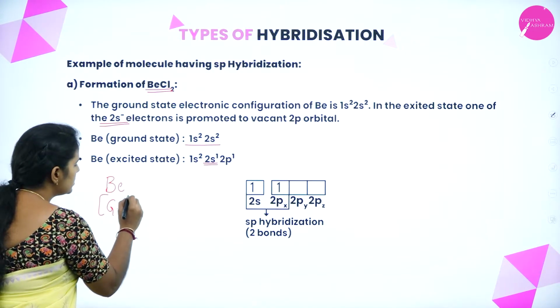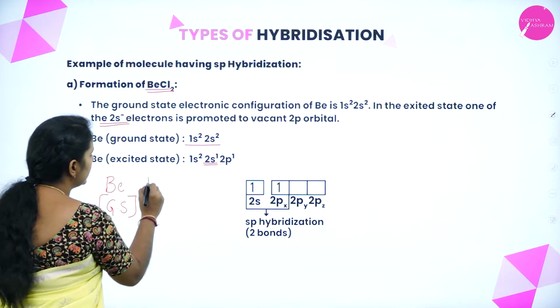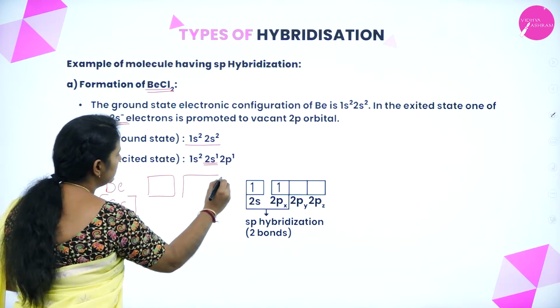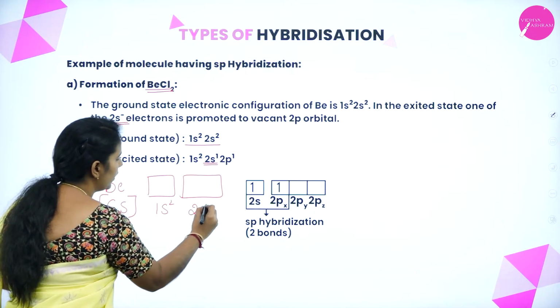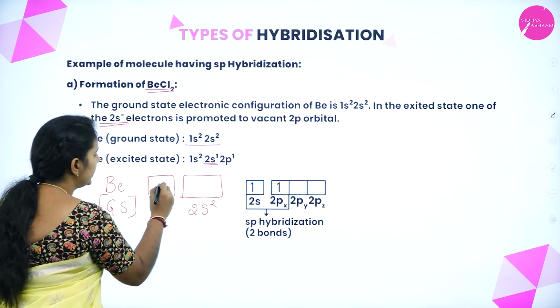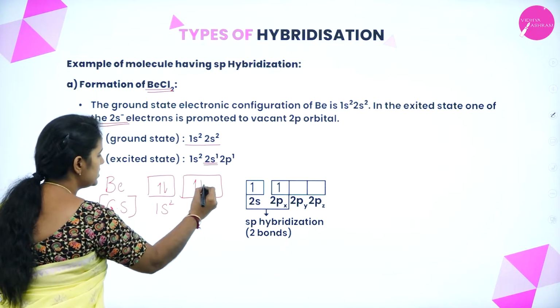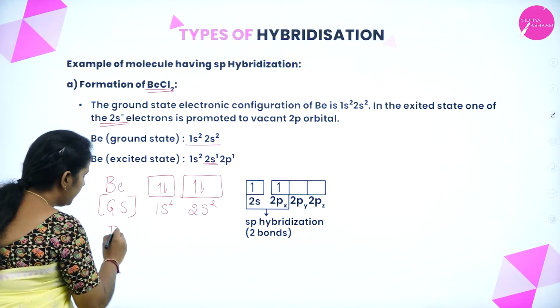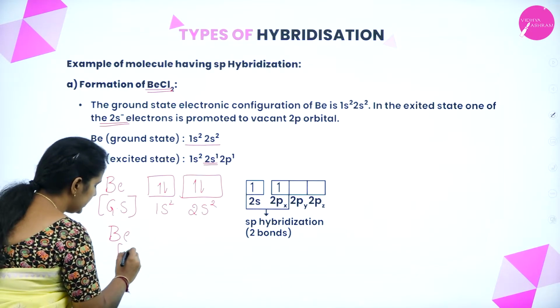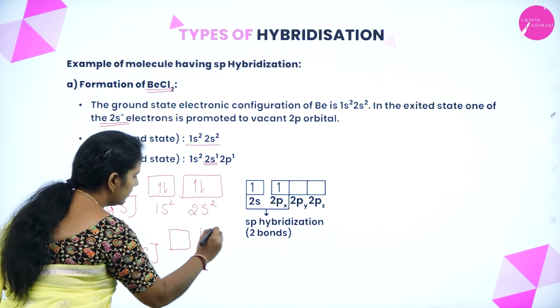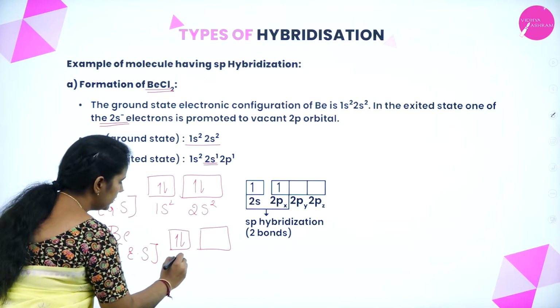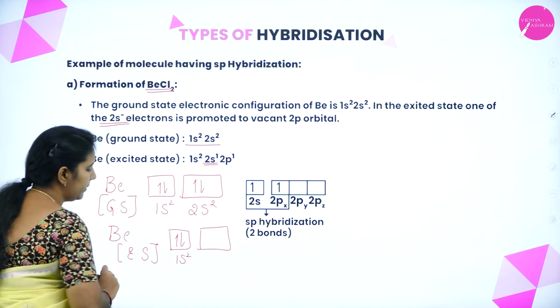So I can write this in the ground state. What is the configuration? It is 1s square and 2s square. Is it right? So it consists of 2 electrons. This is the ground state. When beryllium gets excited, what will happen to the s orbital? The 1s orbital will remain as such.